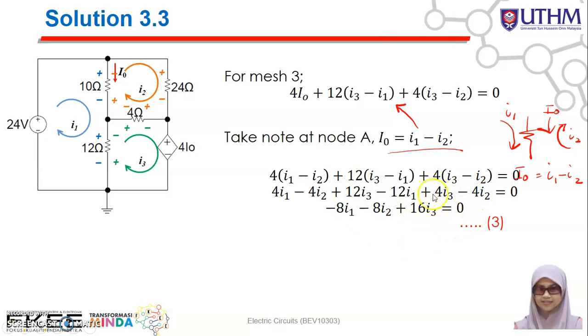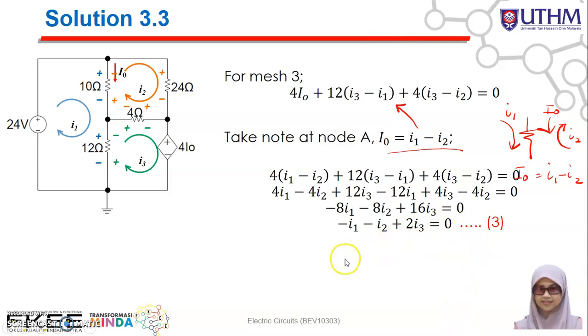Okay, and we can further simplify it by dividing this equation by 8. So here I have negative I1 minus I2 plus 2I3 equal to 0. Okay, so this is considered as our third simultaneous equation.